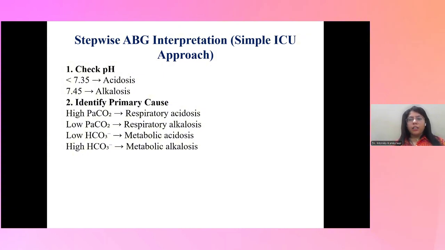If the partial pressure of carbon dioxide is high, then the patient will have respiratory acidosis. If the partial pressure of CO2 is low, less than 35 mmHg, then the patient will be at risk of respiratory alkalosis. Same with the bicarbonate anion: if the patient has bicarbonate less than 22 milliequivalent per liter, then the patient will be at risk of having metabolic acidosis.